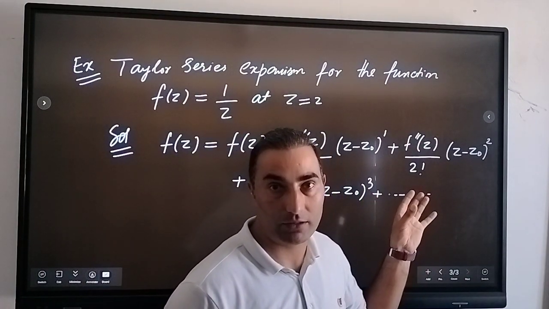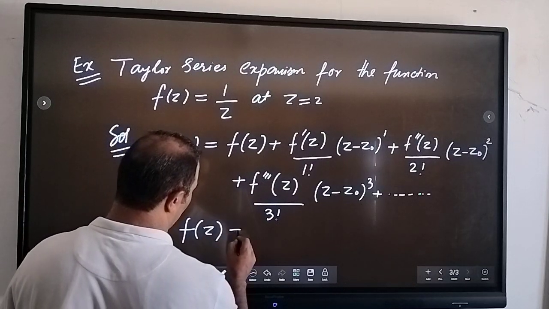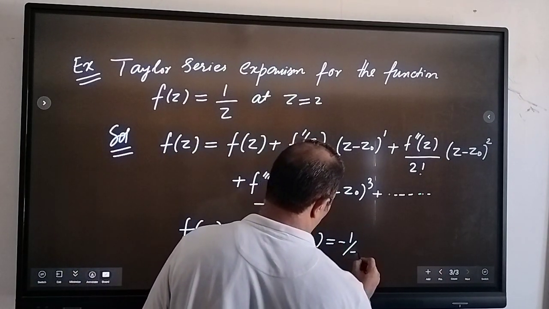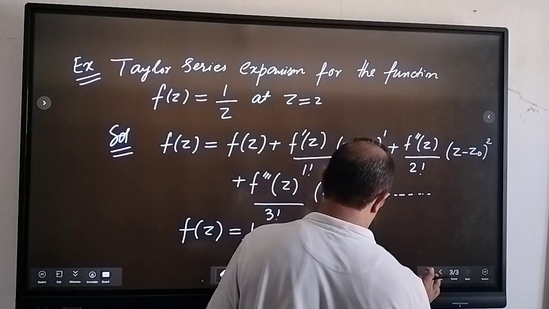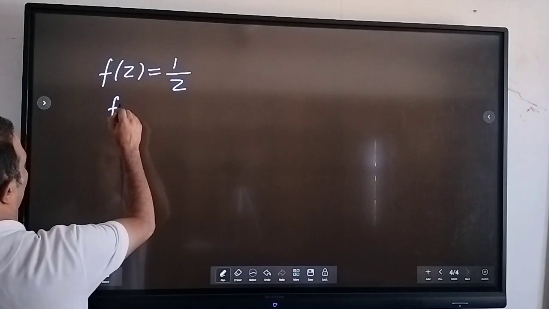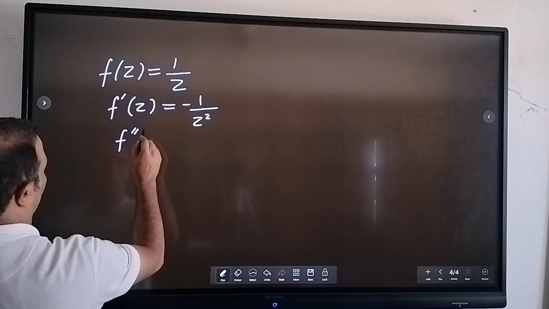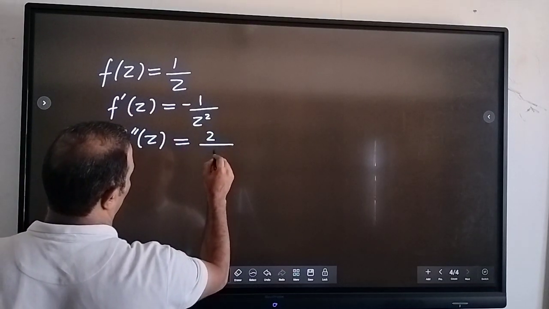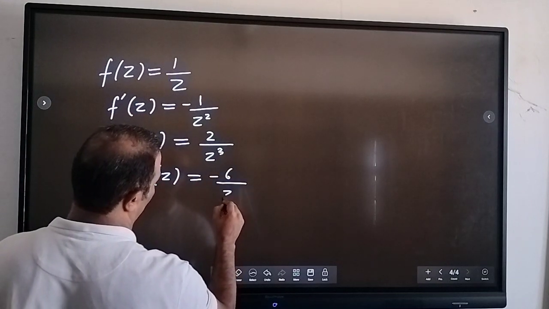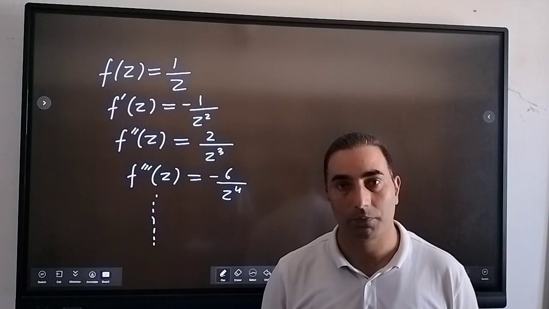So z0 is also the point where the function is not analytic, right? So now you put f of z equal to 1 by z, and if you calculate now, or you put it here, okay, so similarly you can go on to calculate the derivative for the nth value.